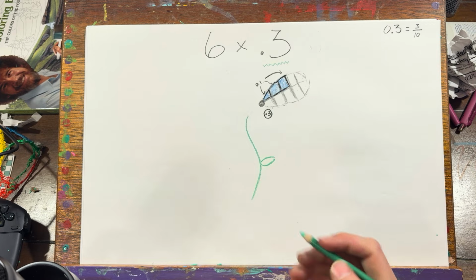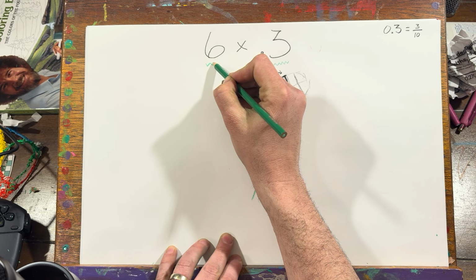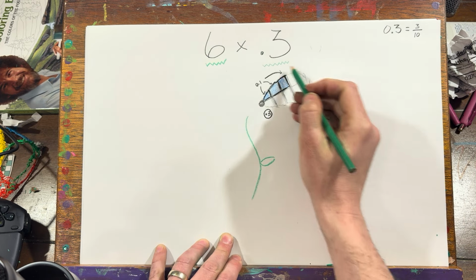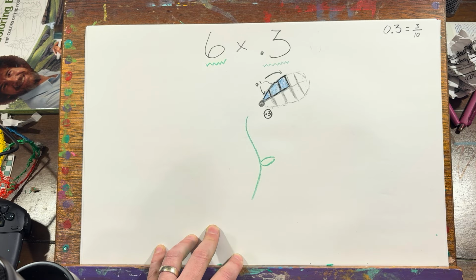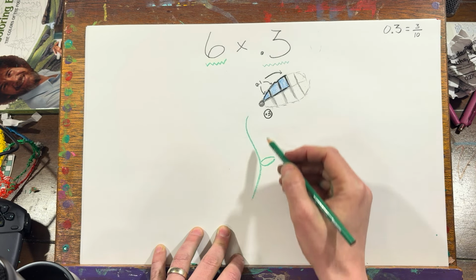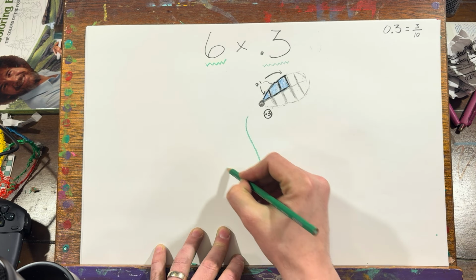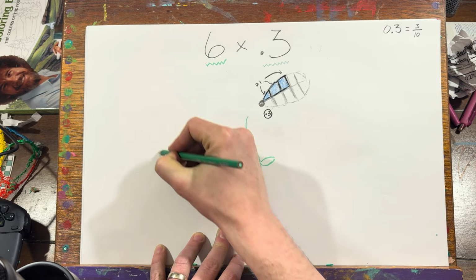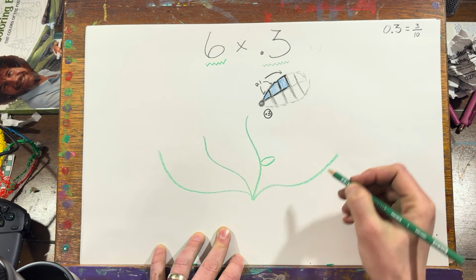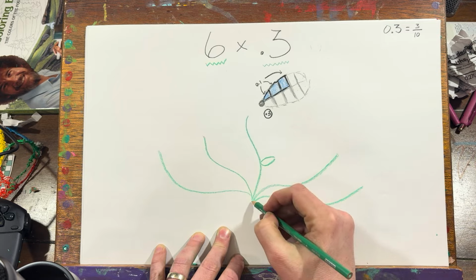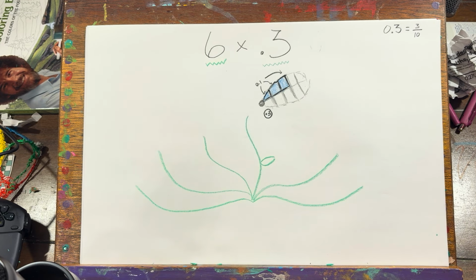What would it look like if I had 6 of these flowers? If I had 6 of these flowers. Can you picture it? This is 1. Here's 2. Here's 3. Here's 4. Here's 5. Here's 6.